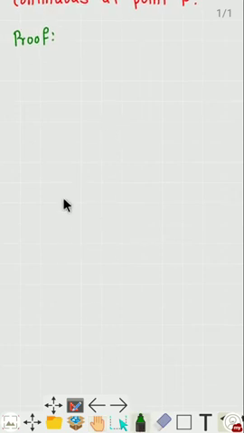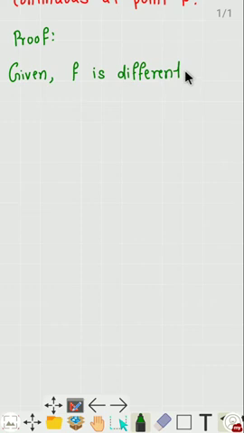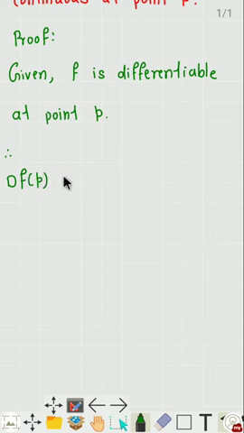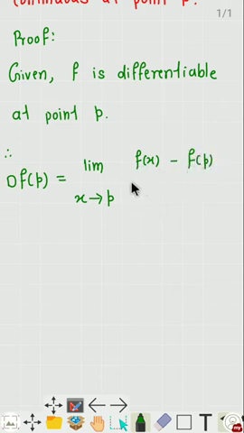First of all, we write what is given to you. Given: f is differentiable at point P. Therefore, by definition, the derivative of function f at point P exists, that is, the limit as x tends to P of (f of x minus f of p) whole divided by x minus p exists.